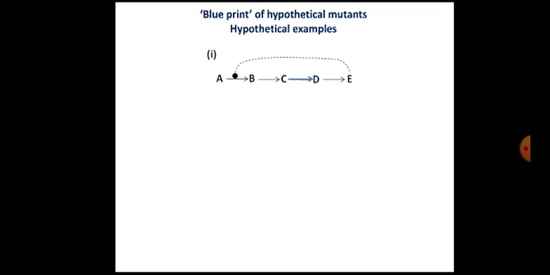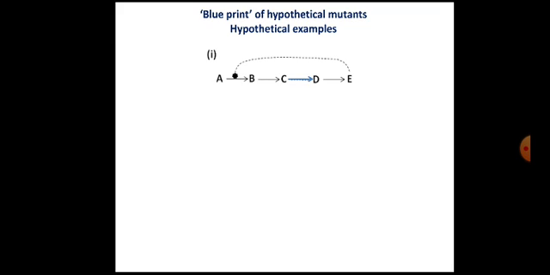So that will be the possible site of mutation. Site of mutation means the enzyme responsible for the conversion of C to D, its set of genes is targeted, meaning mutation is created in the genes related to the production of the enzyme responsible for conversion of C to D. That will be called a site of possible mutation.